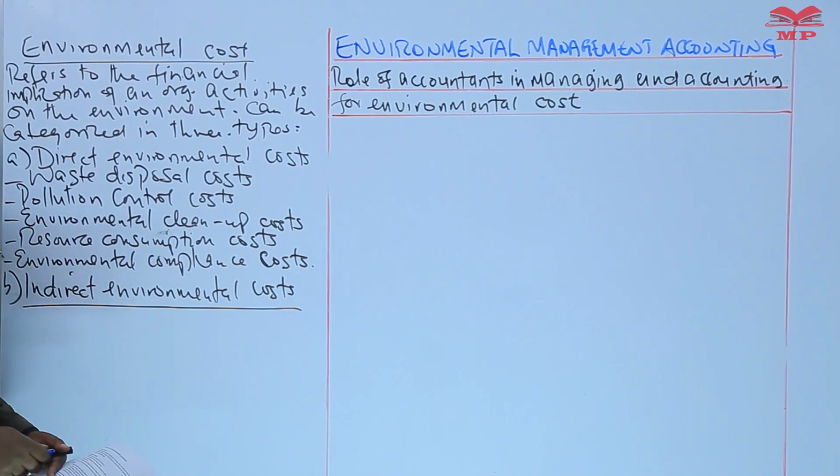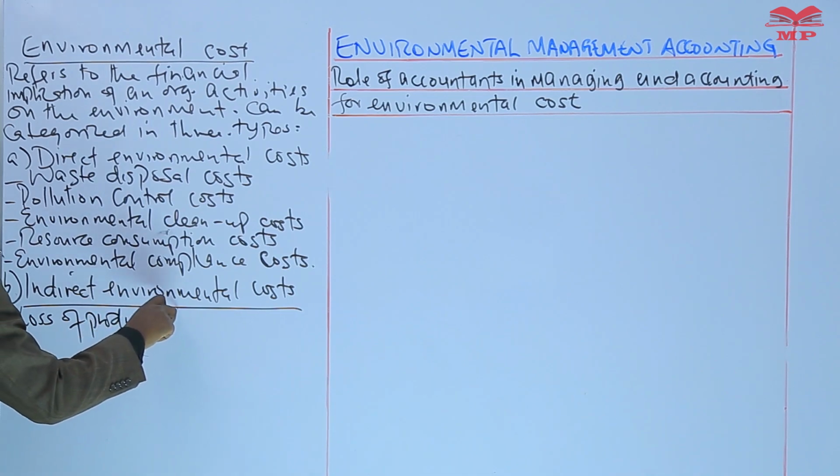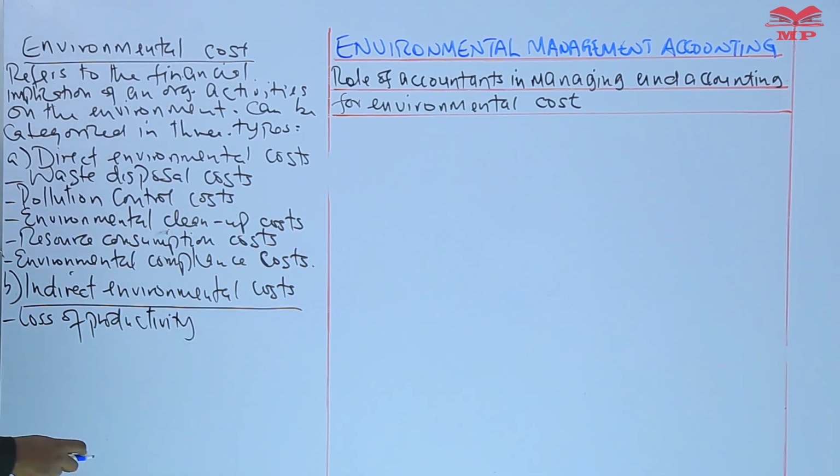such as loss of productivity. A good example is loss of productivity due to environmental disruptions.